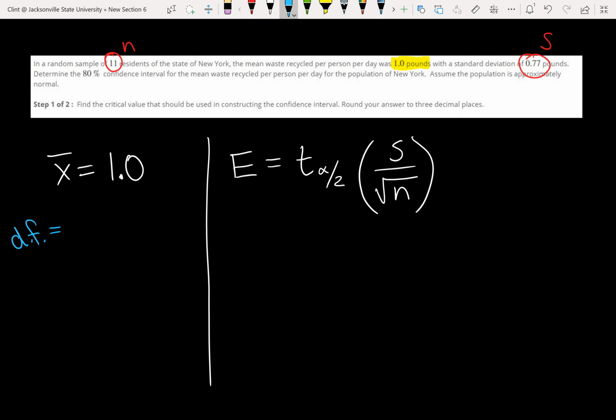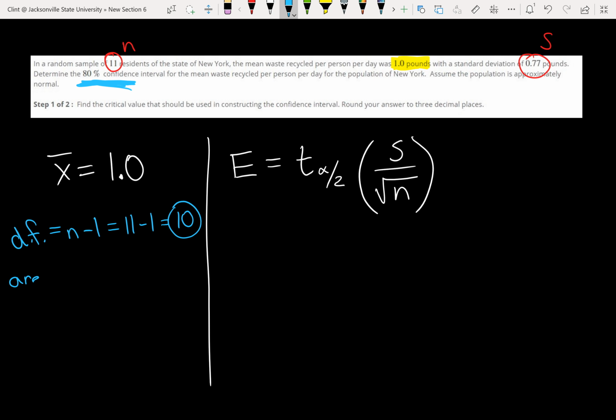So degrees of freedom, that's n minus 1. Our sample size is 11. So we have 10 degrees of freedom. And then to figure out the area in the tails, we do 1 minus the confidence.